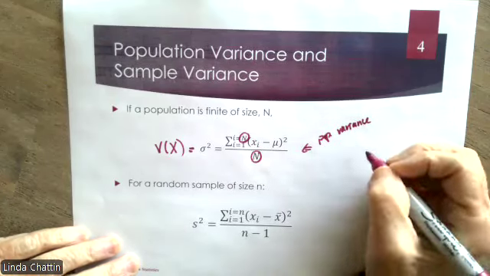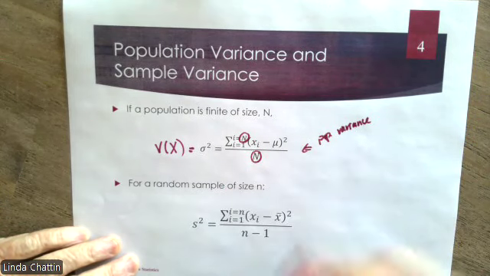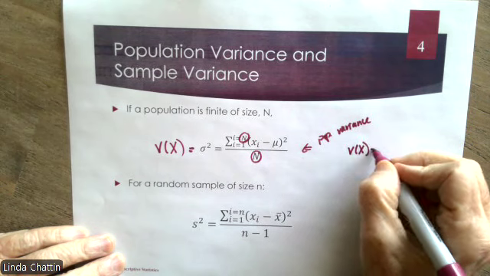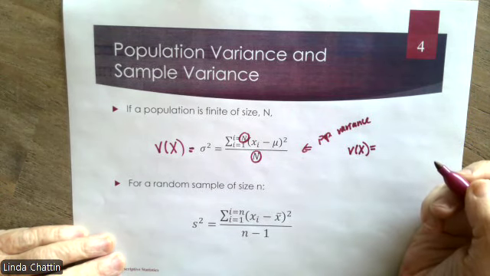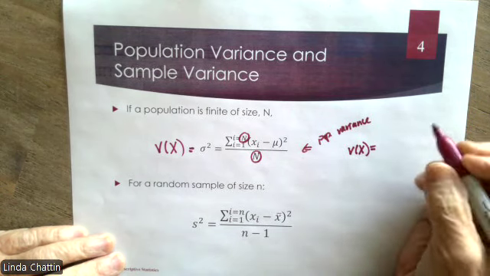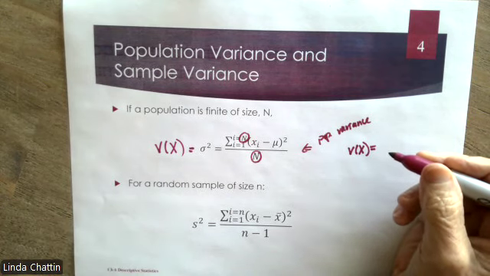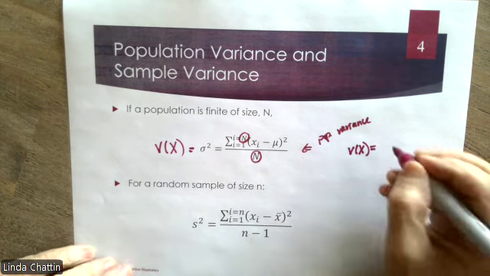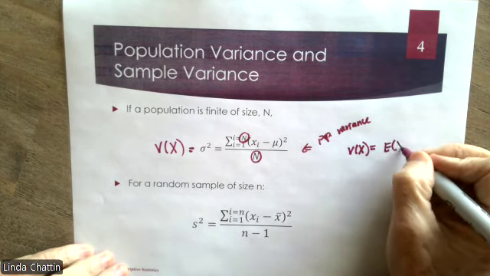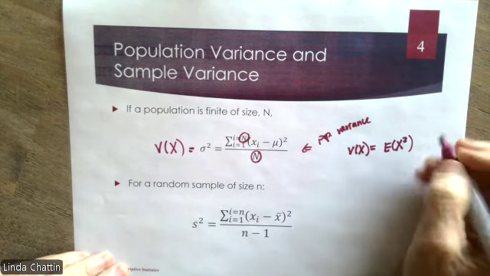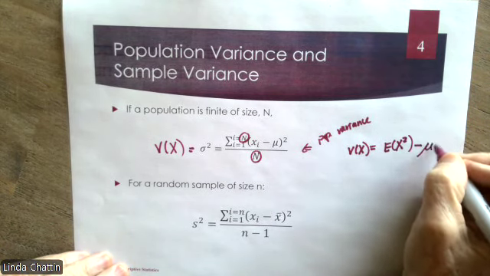And I don't prefer this formula, so I'd like you to use this one. If you need to get the variance of any x, whether it's discrete or continuous, or in this case it would be discrete, this works. It's the expected value of x squared, and you already know this from previous chapters, minus the mean squared.